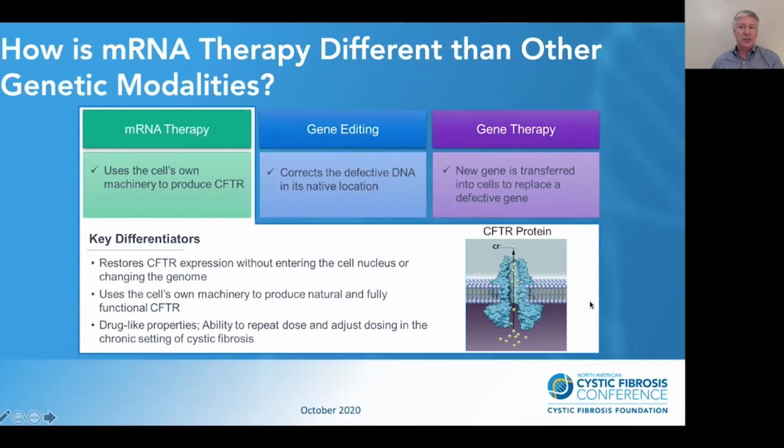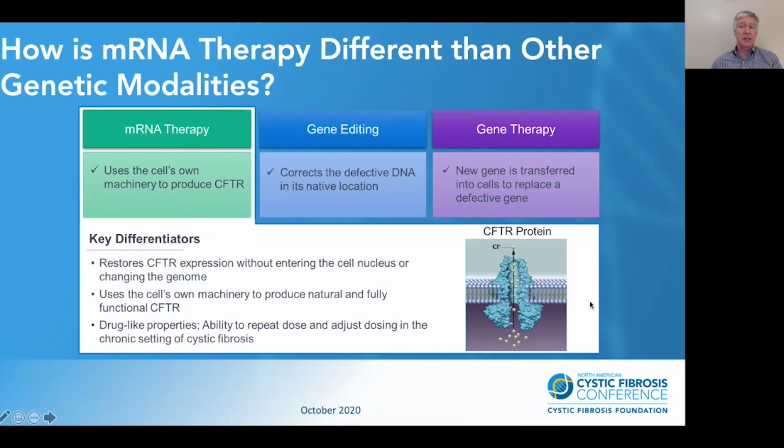And we can change, for example, the dosing frequency, all with these pharmaceutical properties that you want to really tailor the treatment so it has maximum benefit for patients while looking to minimize the off-target effects. And not only that, we know that mRNA can be given in a repeated dosing fashion for chronic diseases such as cystic fibrosis.